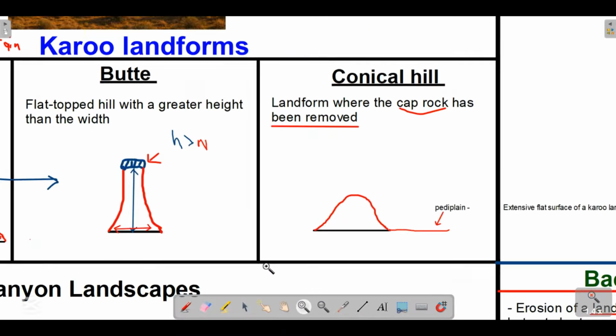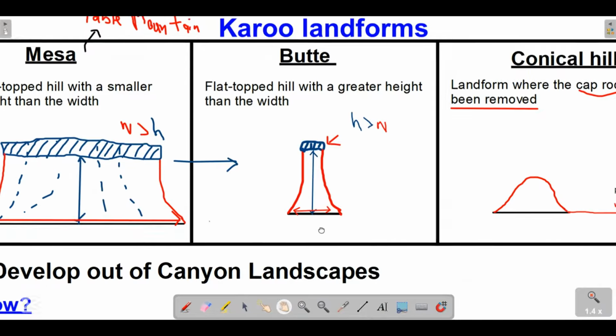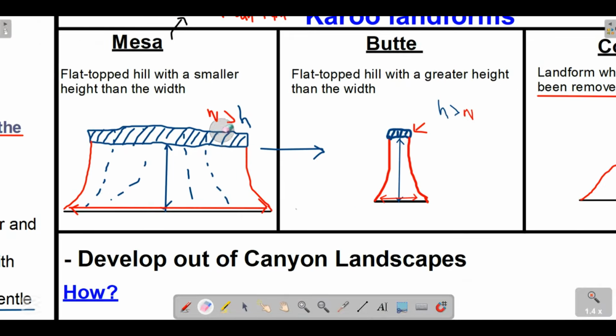Now, taking a look at these, you're going to find out that when I'm removing material here, this material will form this flat land here. They will accumulate there. So this flat land that is formed after the back wasting, next to these Karoo landforms, we call that the pediplain.